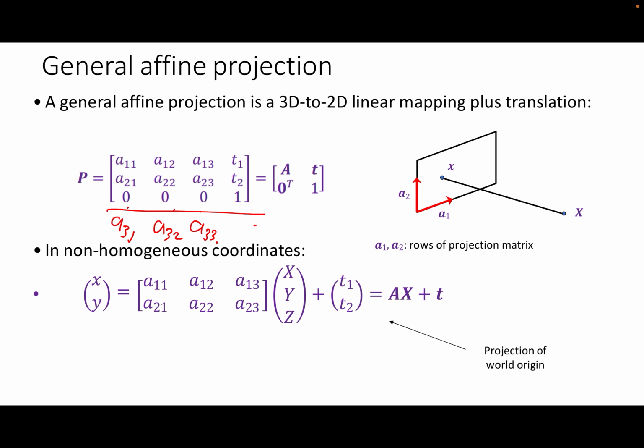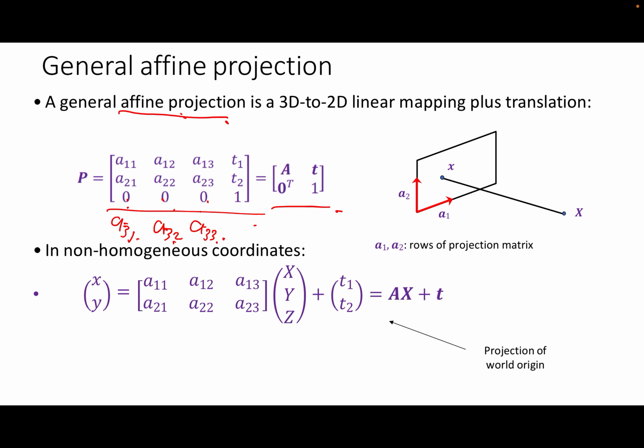Originally, if we do not use affine projection, if we use just the original perspective projection, then these 0, 0, 0 would be A31, A32, A33. But as we are going to use affine projection, these three numbers are set to 0. That is affine projection.